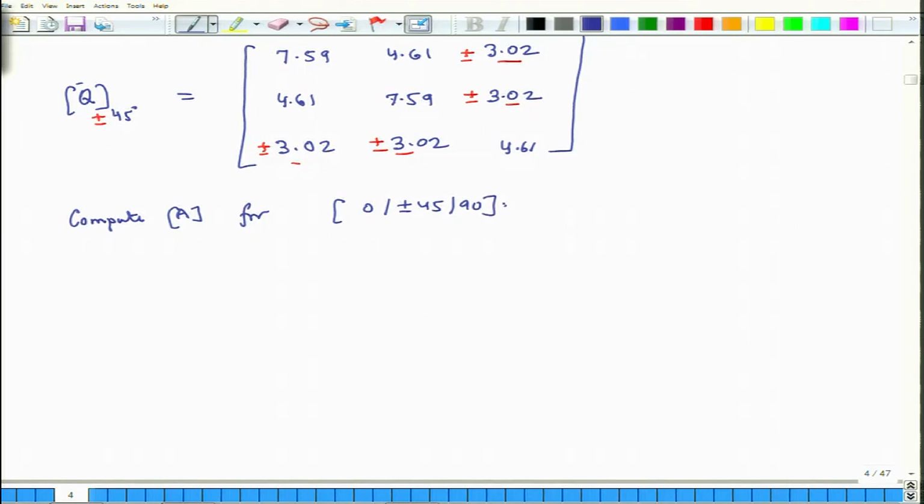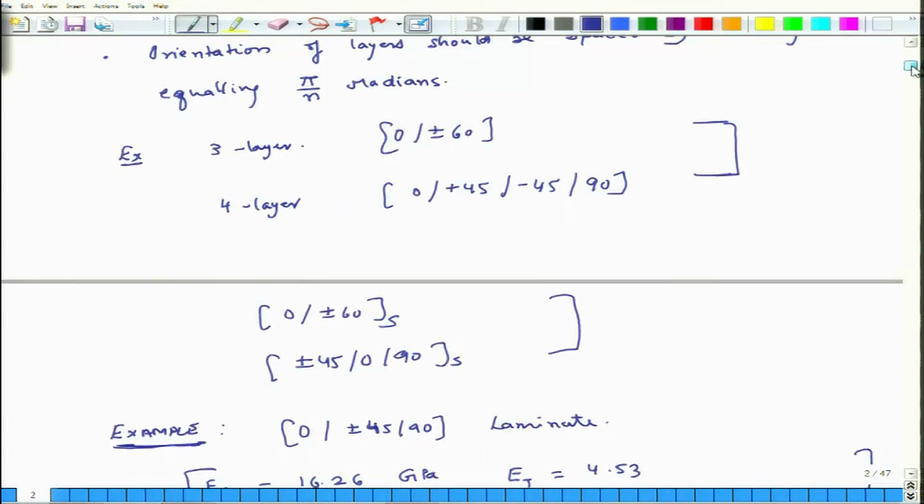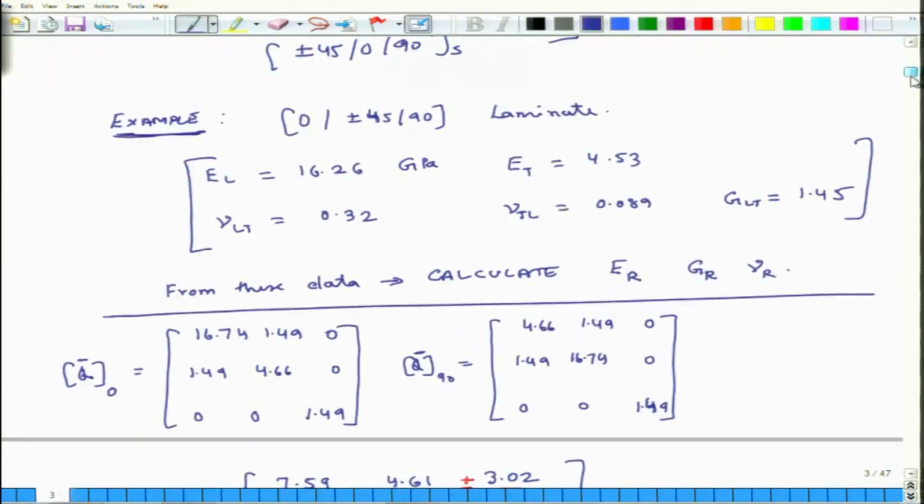For this system, we know how to calculate it, so I am just going to directly share the results. But before we talk about the A matrix, we have to know the thickness of each layer. So, we assume that the thickness of each layer is 1 millimeter, or it does not matter, we can even call it T.